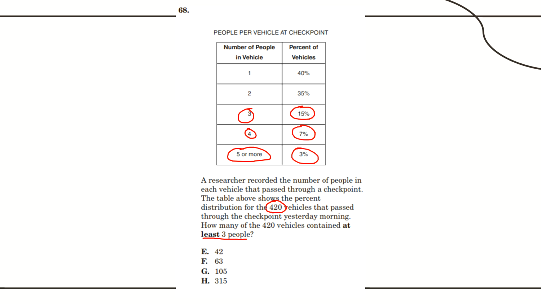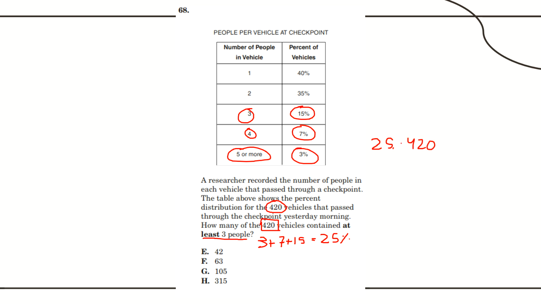We get 3% plus 7 plus 15, which gives us 25. So this is a percentage, the total percentage, and we're taking that percentage of the total. The total is 420, so we have 25% of 420.